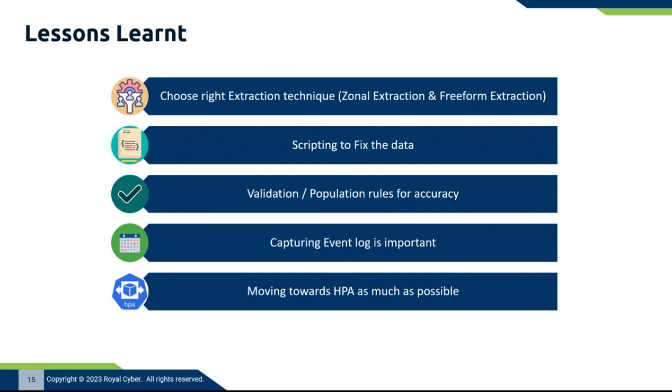Is it moving? Is it in the same location? Sometimes with a semi-structured document, you need to use a mixture of all, like I showed in the image. For some fields you use zonals, for some fields you have to use freeform. So you need to keep your eyes open, try to understand the document, and use the right fit extraction technique for that particular data.